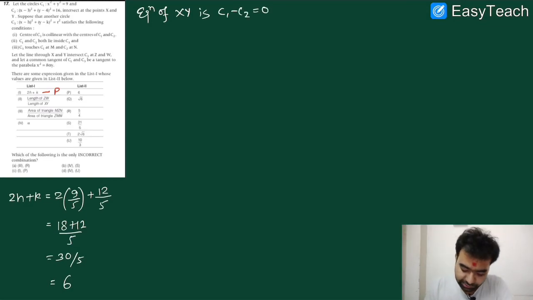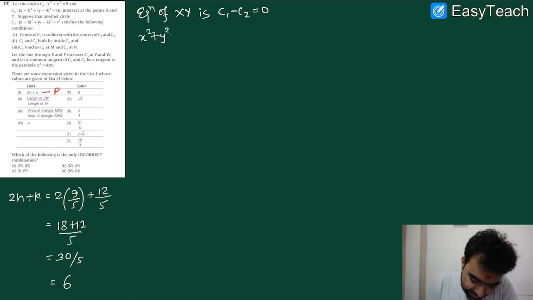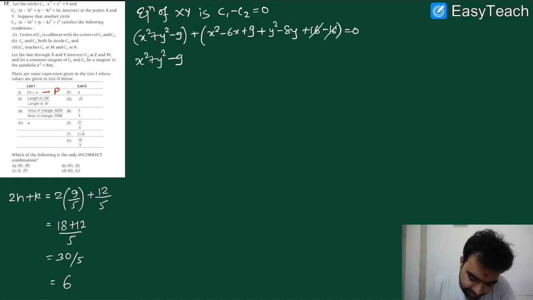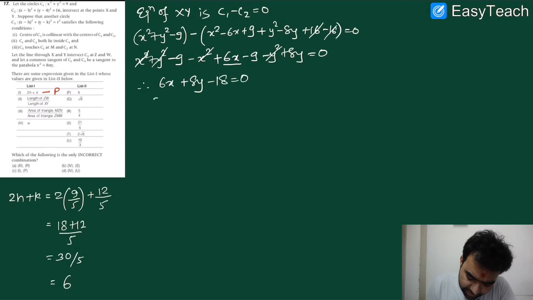C1 is x square plus y square minus 9, minus C2, which is x square minus 6x plus 9 plus y square minus 8y plus 16 minus 16, equal to 0. So here this is 6x plus 8y minus 18 equal to 0. That is 3x plus 4y minus 9 equal to 0. This is the equation of XY.